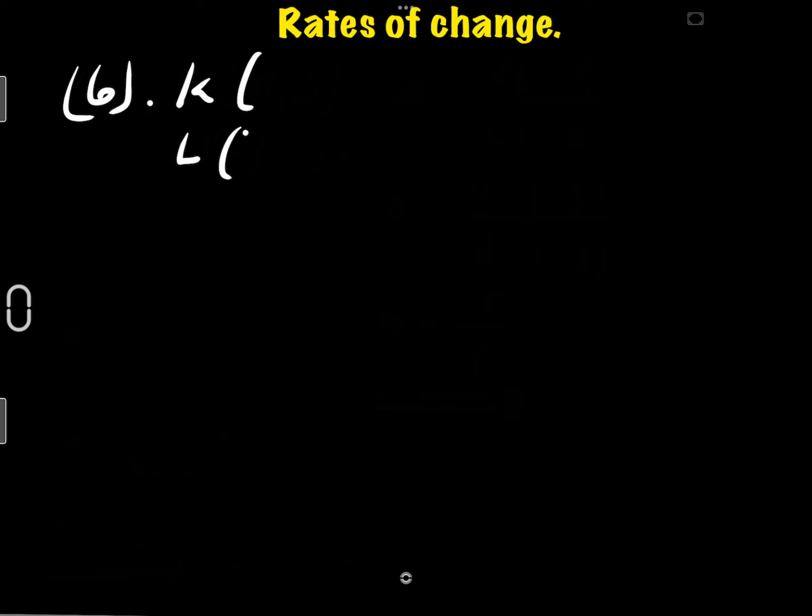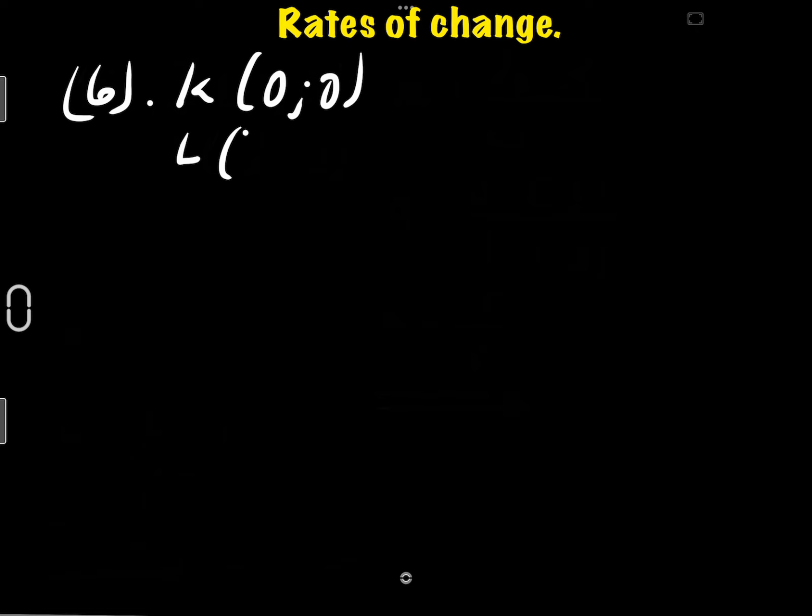Here we are given two coordinates, K and L. K is at 0 for x, and our y is at 0 as well.